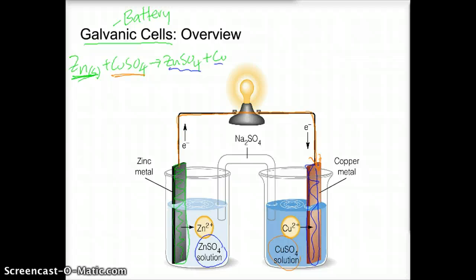There's a vocab term for the half of the galvanic cell that's getting oxidized. And that is called the anode. A-N-O-D-E, anode. Okay? So the anode is where oxidation occurs.